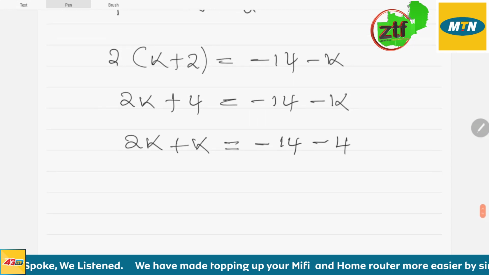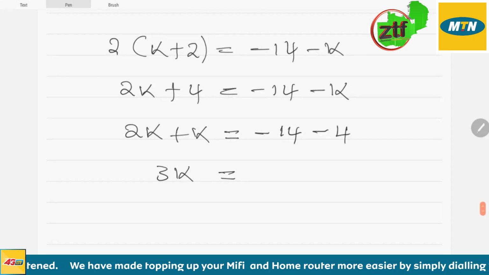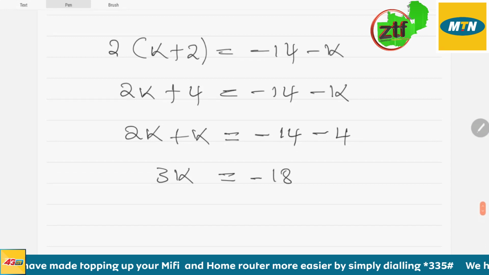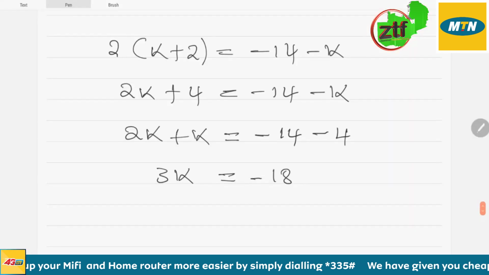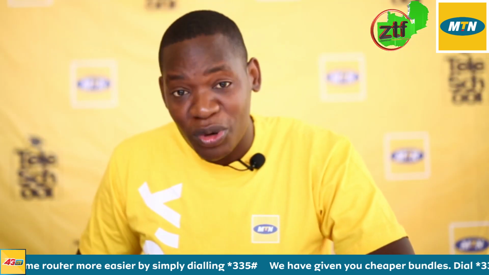So 2k plus k, I will get 3k. Minus 14 minus 4, I will get minus 18. Then I will multiply both sides by the multiplicative inverse of 3, since I want to make k the subject of the formula. Multiplying both sides of the equation by the multiplicative inverse of 3 is as good as dividing both sides by 3.